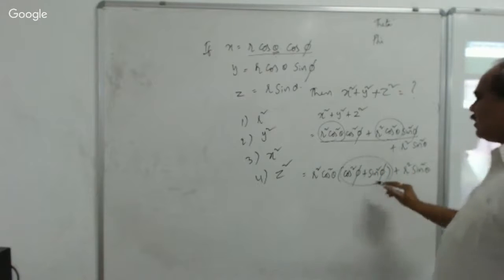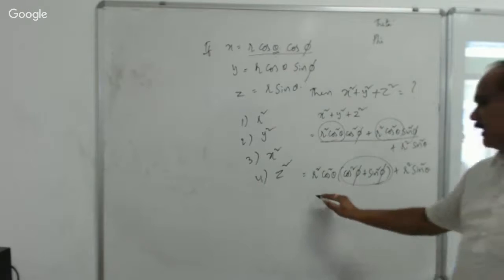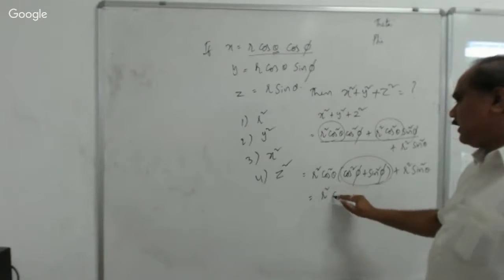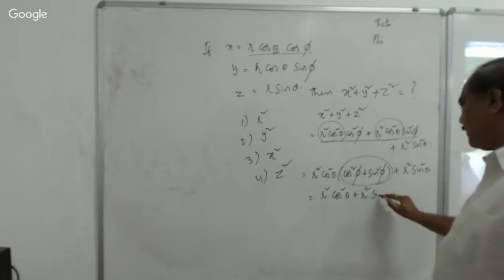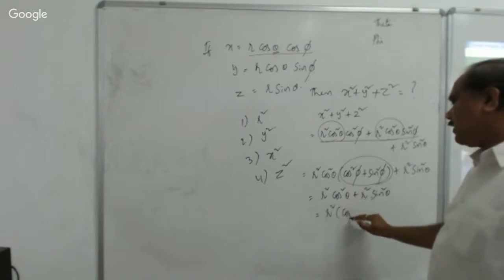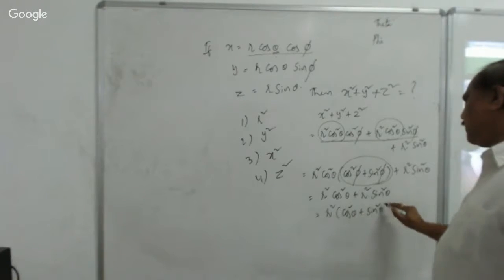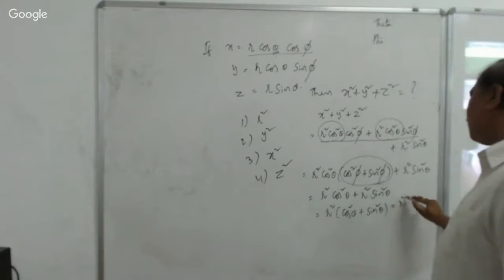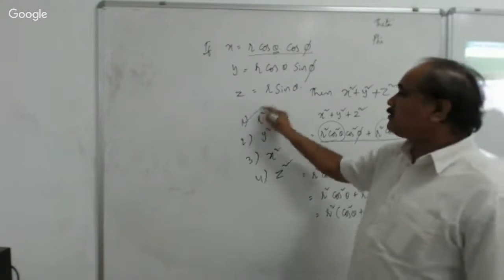Cos square phi plus sin square phi is 1. R square is common again, then cos square theta plus sin square theta, which is again 1. So the answer is r square. It is a previous EAMCET question.